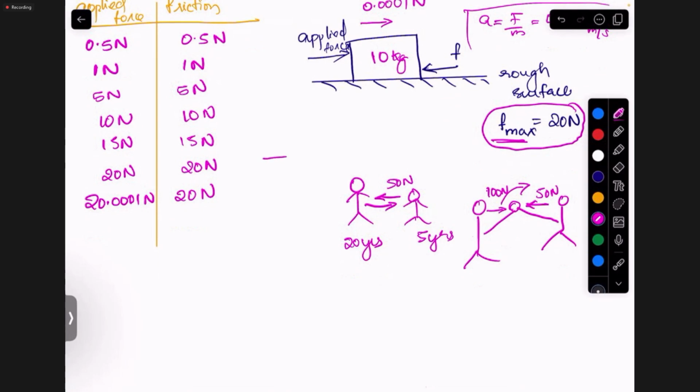When a car is moving and there is a pit over here, for every speed, the way the car crosses the pit will vary. For example, if a car is moving at a speed of 10 kilometer per hour, you feel that the car is hitting the pit very hard.